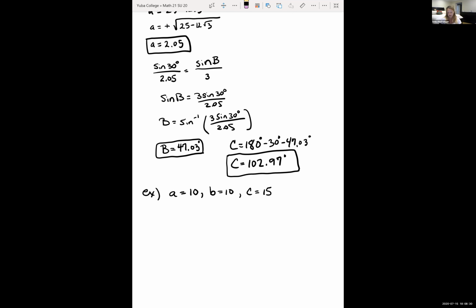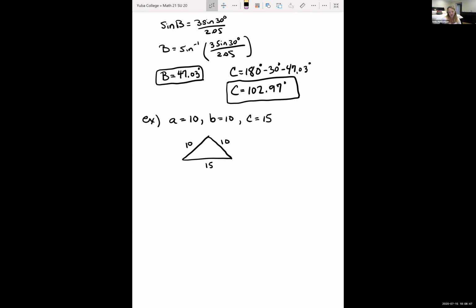So we're given all three sides, but we don't know any of the angles. It doesn't matter what we call them, capital A, B, C. Let's try to find one of these angles.